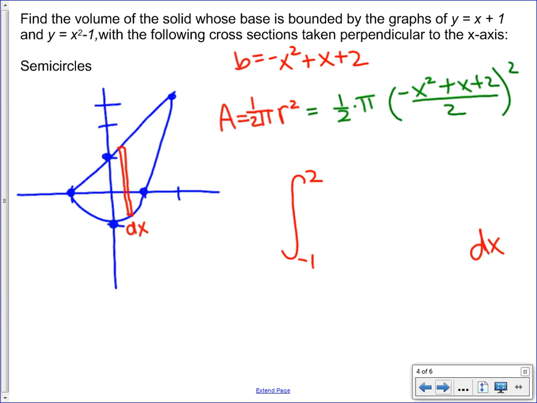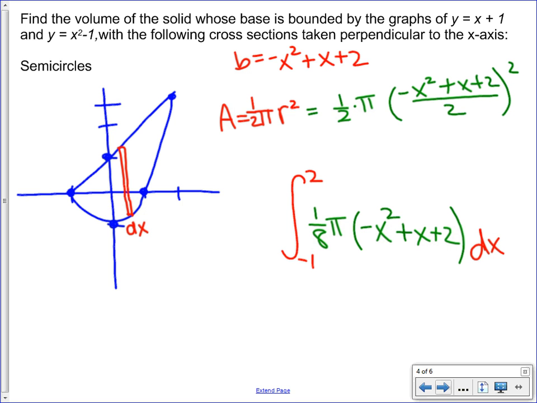Since these are semicircles, the base represents the diameter, and so we have to cut it in half for our radius. So based on that, we could write 1/8 pi times negative x squared plus x plus 2, squared. Or you can write it like that. It doesn't matter, but it's probably easier to plug in your calculator like this.